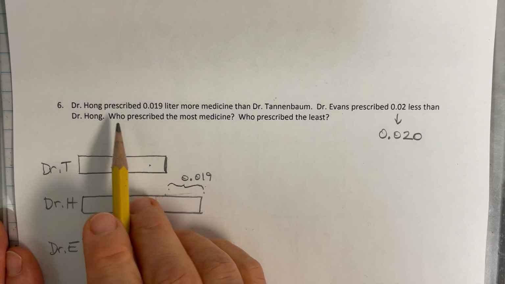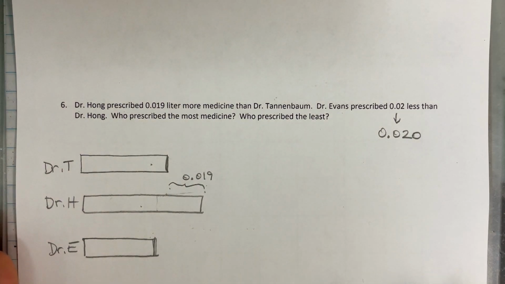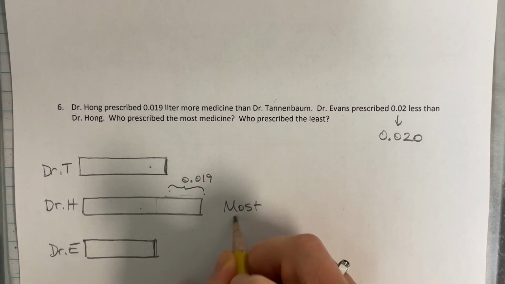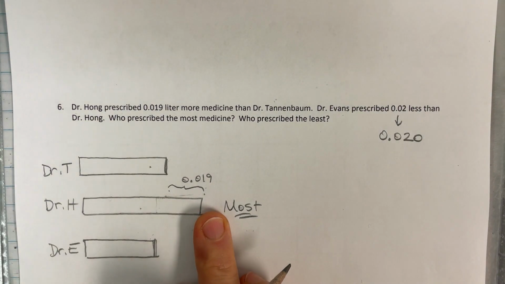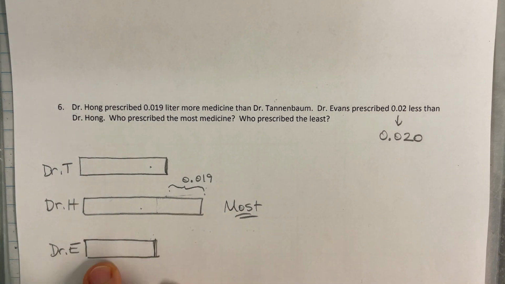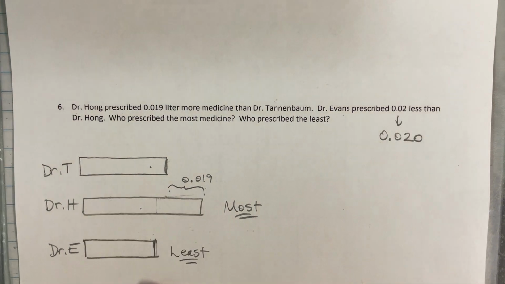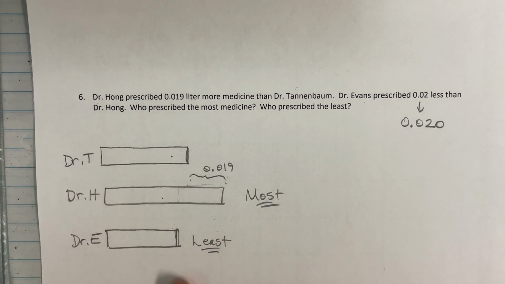If it said who prescribed the most and who prescribed the least, it's easier to see this, that Dr. Hong had the most. His tape is the longest. And who had the shortest tape? Dr. Evans had the least. Maybe a little bit confusing, but tapes are an easy way to compare.